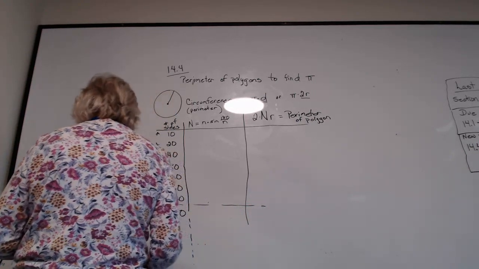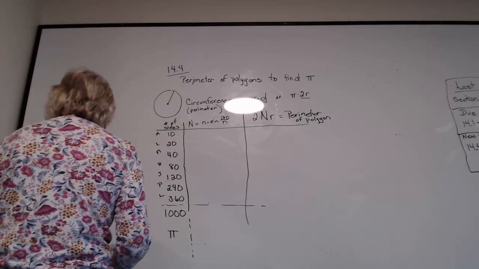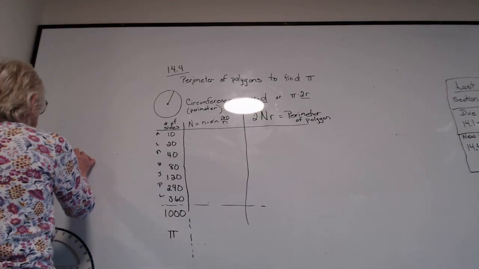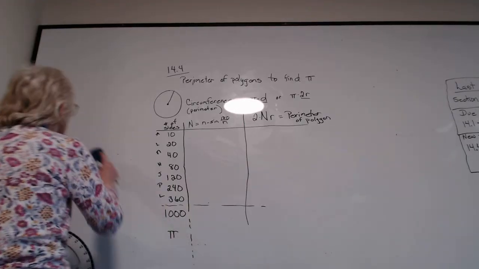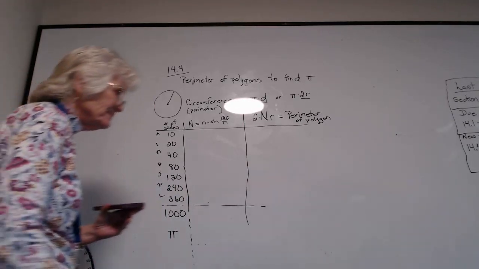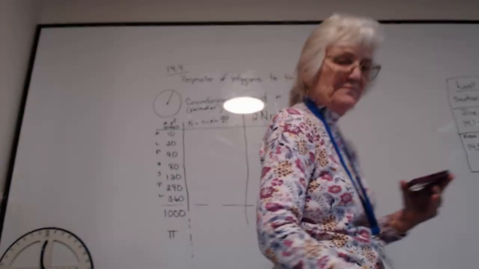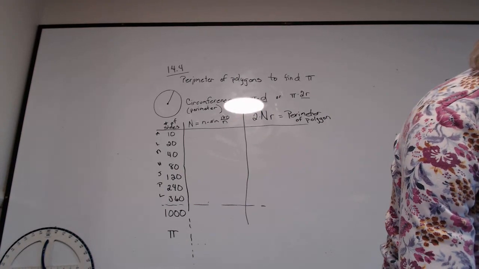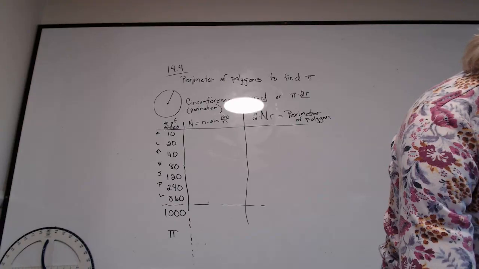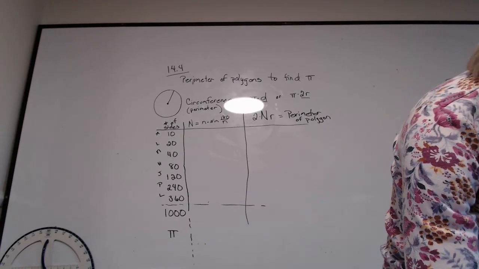Okay, mine's 3.14155, and this is 3.14159. You're super close. I'm at Paxton's 240. 3.138, so I'm kind of close, but I only have 40 sides. Put an R next to it, and then equal. My perimeter is 6.276 R.